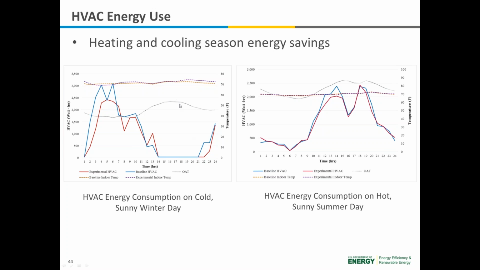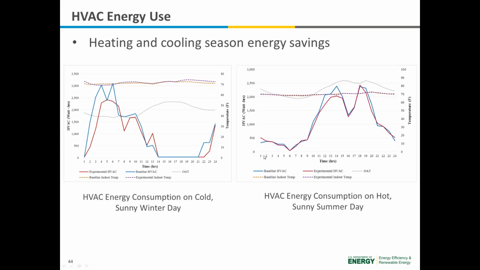As the temperature increases throughout the afternoon, the solar gains associated with the envelope heating up reduce the need for heating. And then in the evening, you can see that the lab home, or the experimental home, stays warmer longer than the baseline home, and that's due to the fact that the low E coating and extra pane of glass is trapping additional heat within the space.